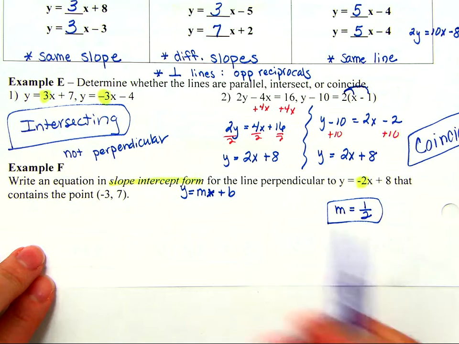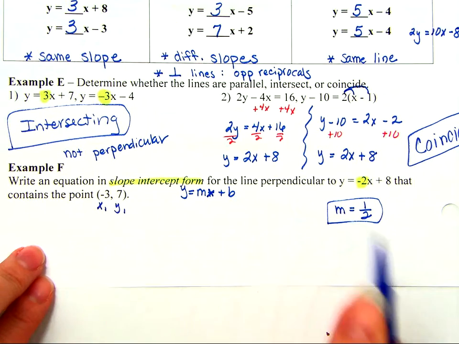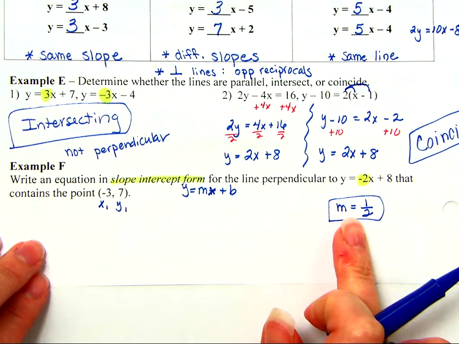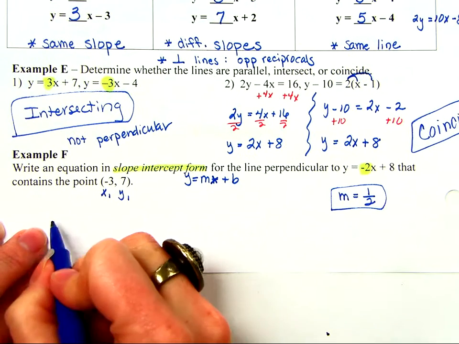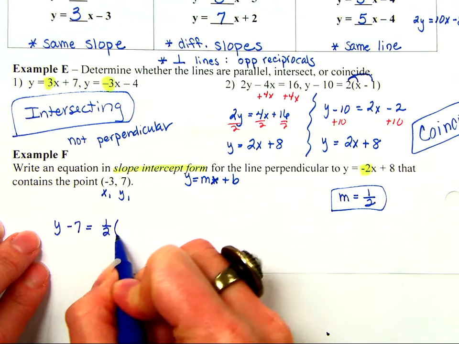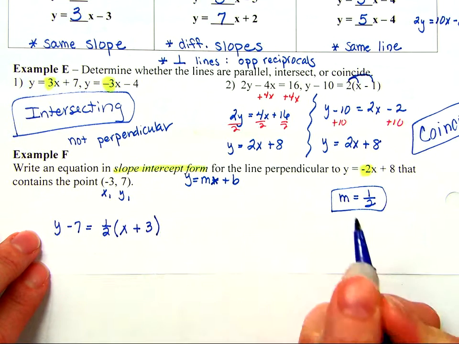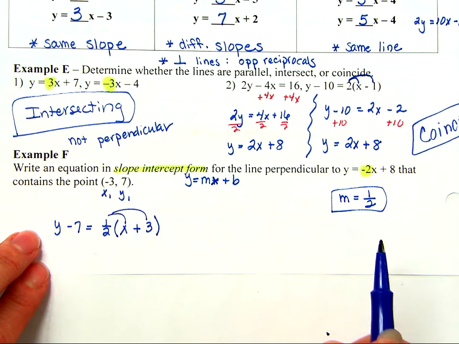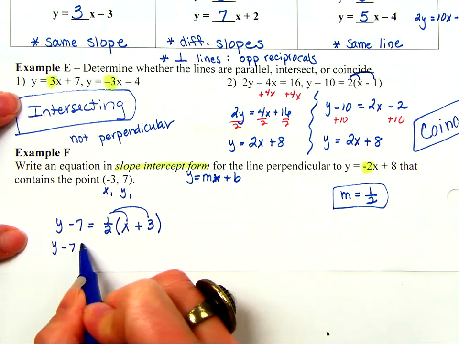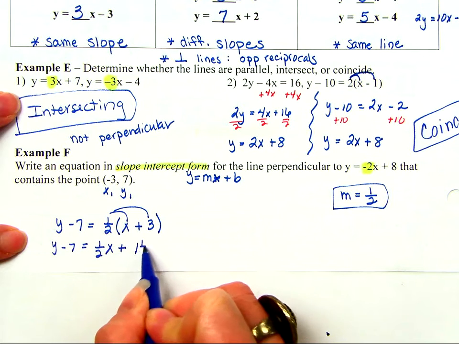Now it's going to contain the point (-3, 7), so I'm going to use point-slope form and substitute that in. y minus 7 equals 1/2 times (x minus negative 3). Then I'm just going to do a little bit of simplifying. y minus 7 equals 1/2 x plus 3/2.